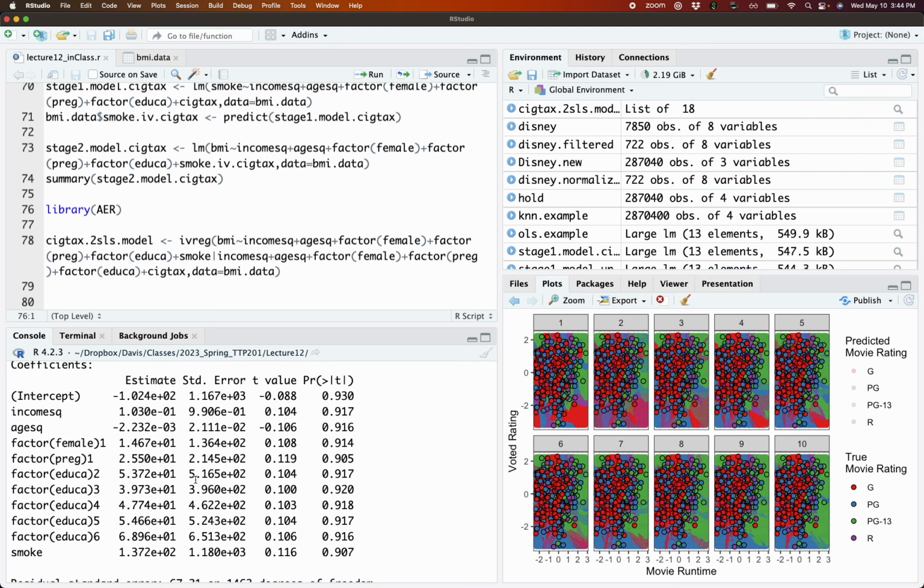Okay. Yeah, I agree. So the IV reg, it's the stage 1 model. Yes. Those components, mm-hmm, and then stage 1 is smoke and this. Sorry, sorry. And stage 2 is everything.